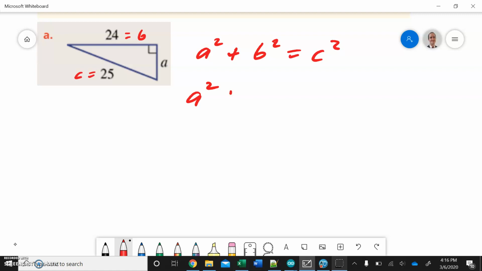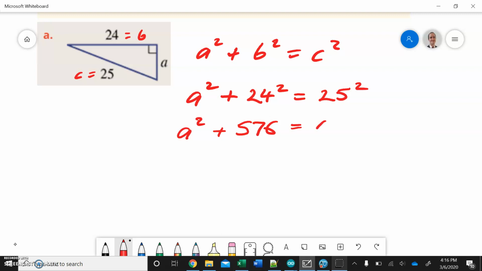So we substitute 24 in for B, and substitute 25 in for C. Evaluating those numbers, 24 squared is 576, and 25 squared is 625.